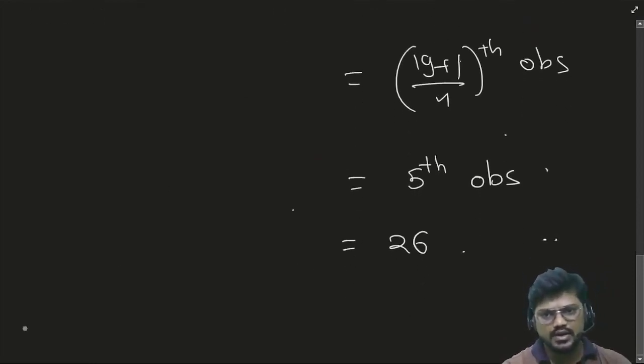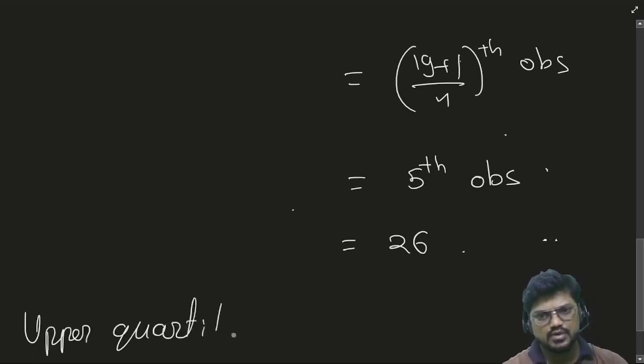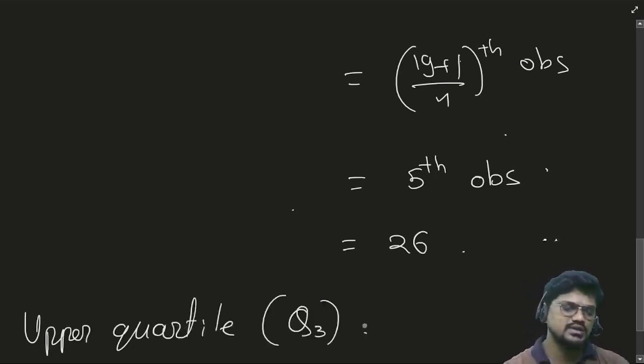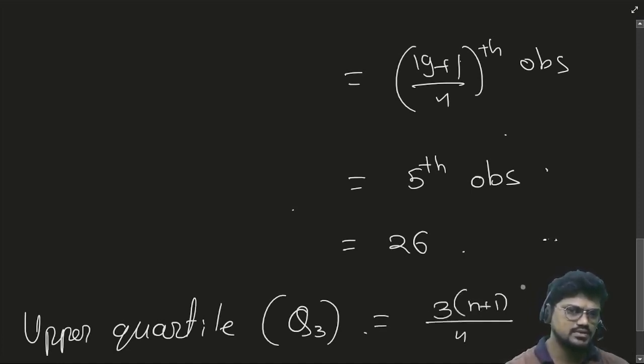The next is the upper quartile. The upper quartile is written as Q3. In the last class, I said it as Q2. That was by mistake. It should be written as Q3. So your Q3 will be 3 upon 4 (n plus 1)th observation.